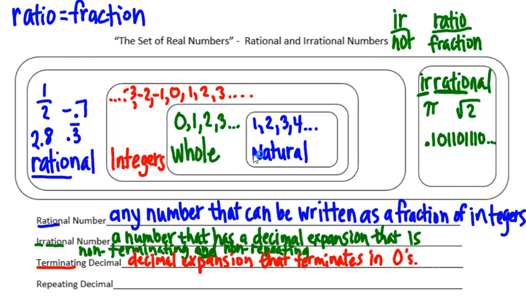That's how I'm going to write that, because I'm a mathematician, and mathematicians are basically lazy. So a terminating decimal is a decimal expansion that terminates in zeros. We don't usually write the zeros. So really, we can just think of it as a decimal that ends, like 2.75. There's an end to that. There's no dot, dot, dot. There's no bar over the top. It ends.